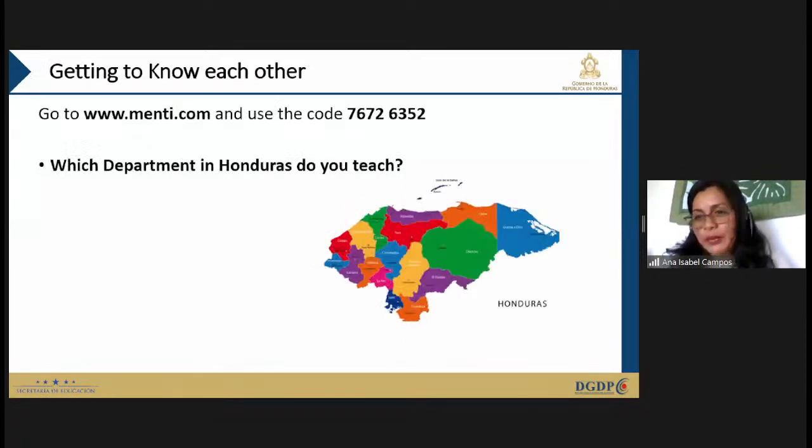I suppose that you have used Mentimeter before. Mentimeter is a very useful tool for us as teachers. So if you have with you your computer or your cell phone, I would like you to go to www.menti.com. And when you open up the website, it will request a code. So the code is there.